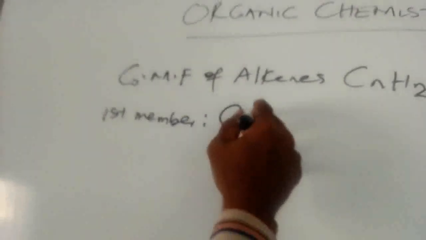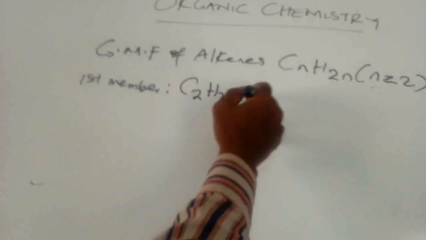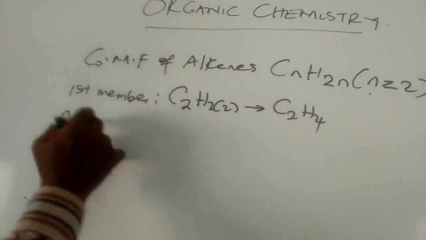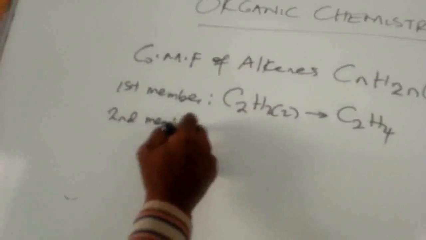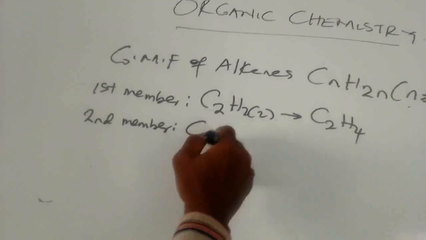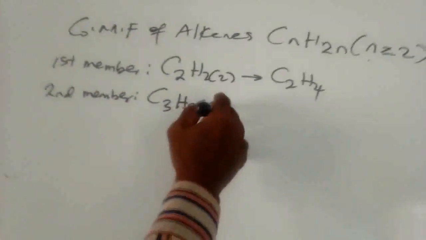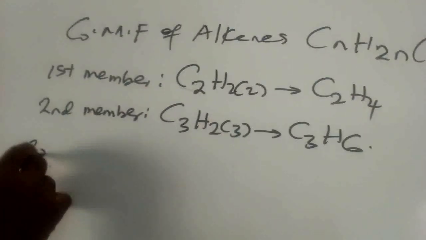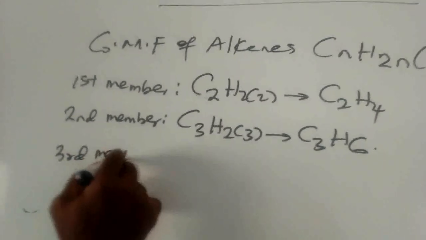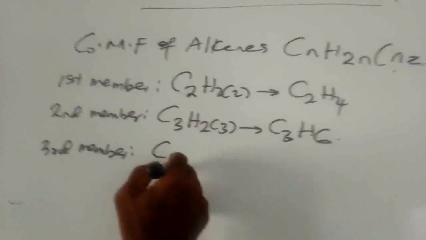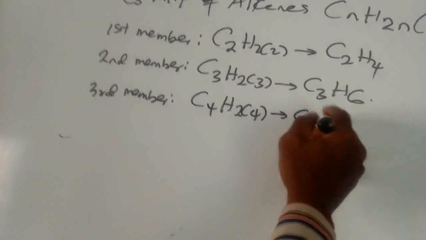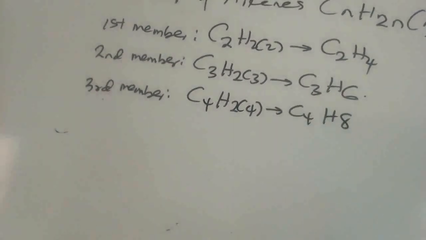C2H2 times 2 gives us C2H4. For the second member, n becomes 3. C3, 2 times 3, that gives us C3H6. For the third member of the alkene family, I'll use n as 4. So C4, 2 times 4 gives us C4H8, and so on.